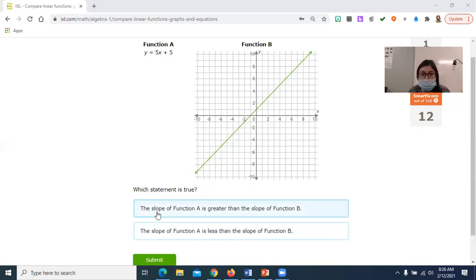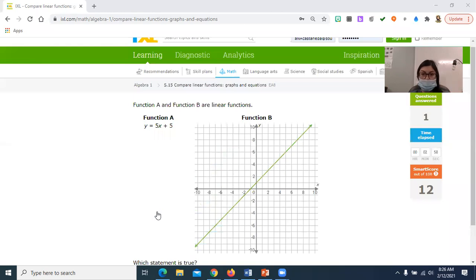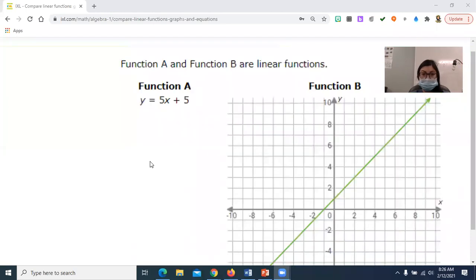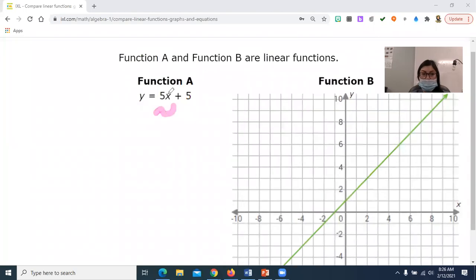I find the slope from both the equation and the graph. Remember what we said, that the slope from an equation is how many x's there are. So here is my x, so I'm going to do a squiggly. And how many x's do I have? 5. So my slope here is 5.